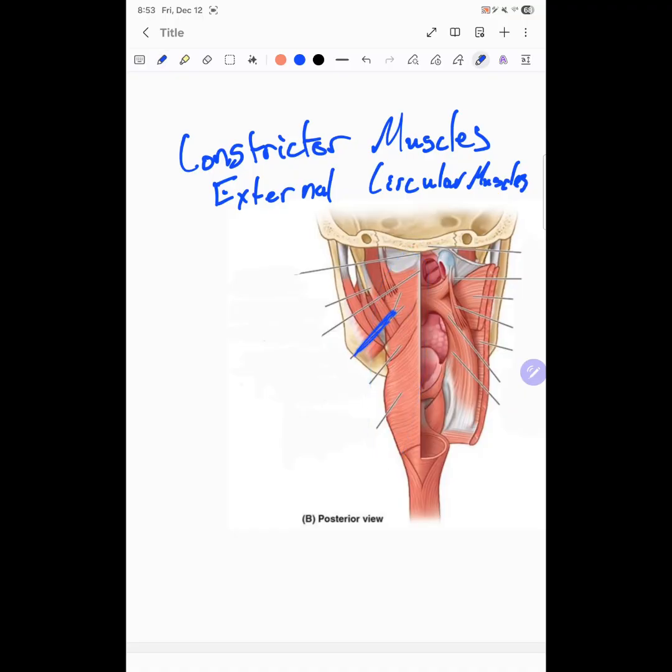So this line right here is going to be the superior pharyngeal constrictor. This line right here is the middle pharyngeal constrictor. And this line right here is the inferior pharyngeal constrictor.